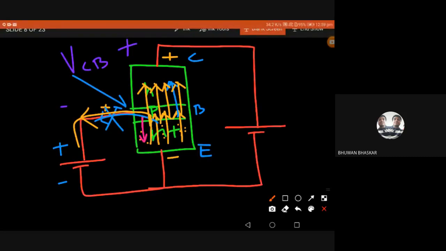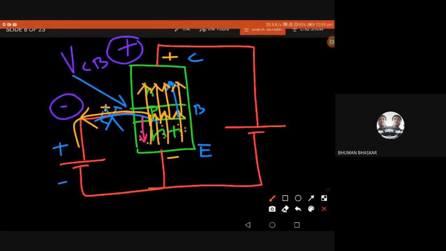So the collector terminal has more plus than the base terminal. This is another reason why the majority of electrons coming from the emitter go to the collector rather than to the base voltage source.